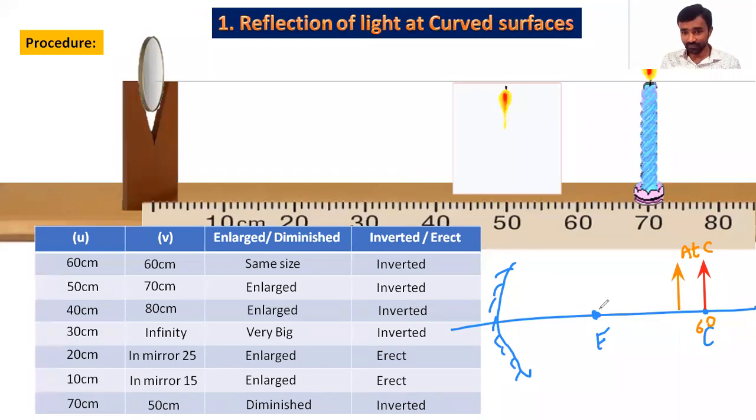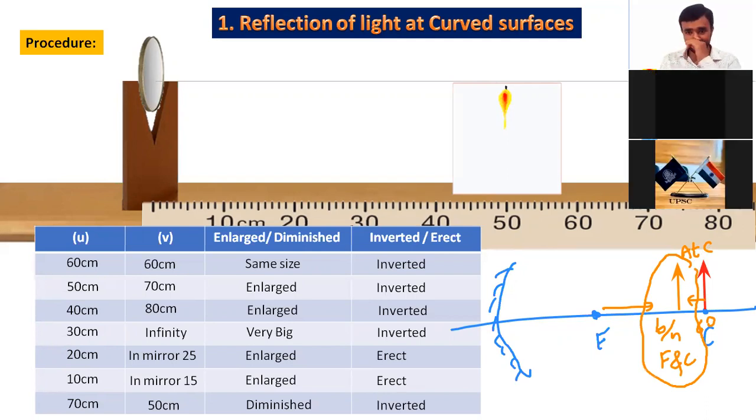In between C and F. So this position we can call F and C. Am I clear? Any confusion I am creating? Use a quick response if it is clear. Okay, so it is clear.